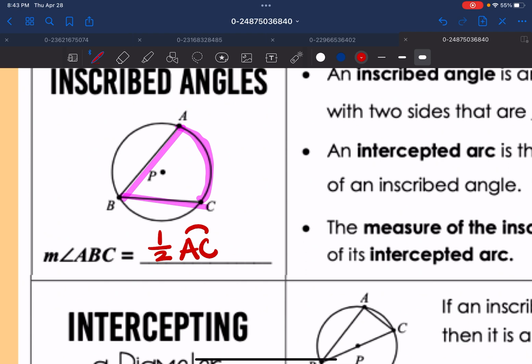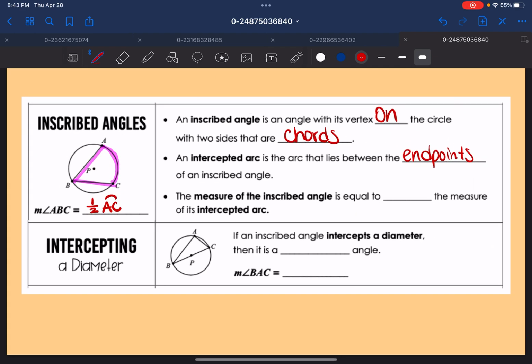If arc AC is 80, then the angle would be 40. Or if I flipped it around and said angle ABC is 30, then the arc would be 60. So we're either going to be multiplying by 2 or dividing by 2. So the last blank there is the measure of the inscribed angle is equal to half the measure of its intercepted arc.